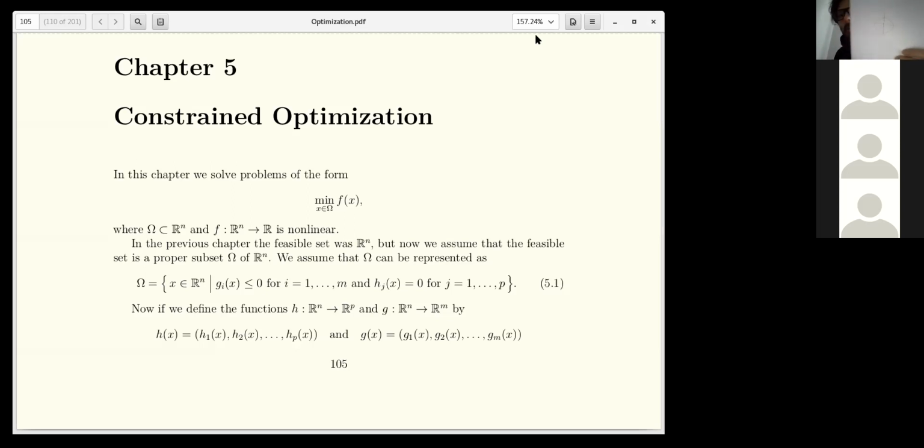All the points inside this circle are our feasible set. Let's say this has radius r, then g of x is x squared plus y squared minus r squared is smaller than or equal to 0.